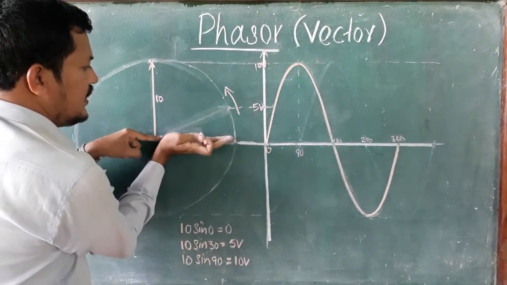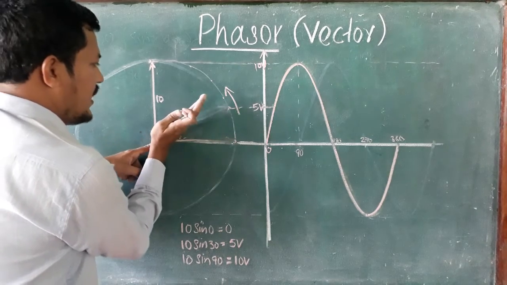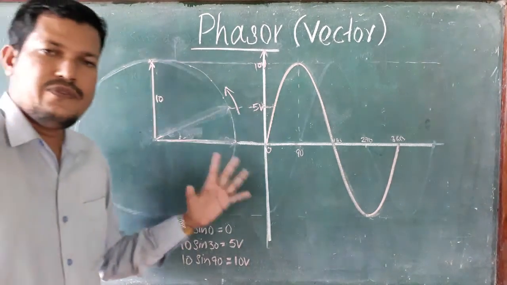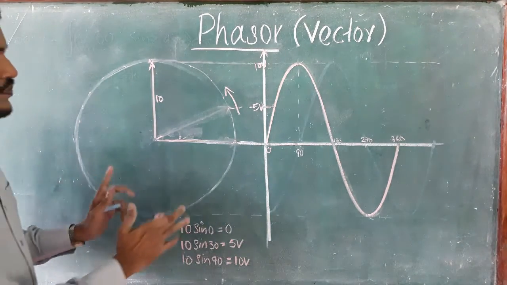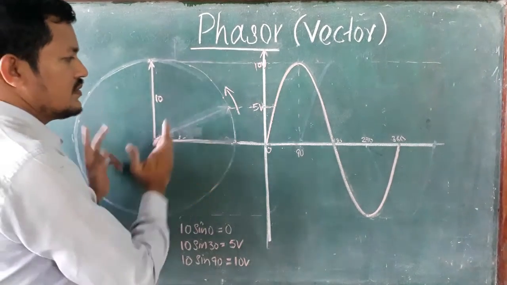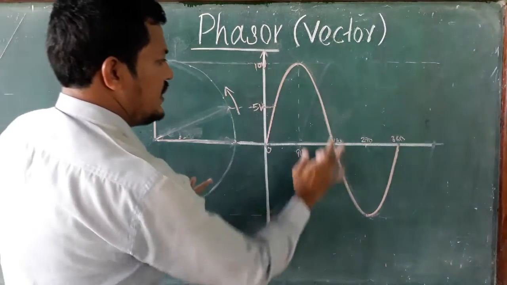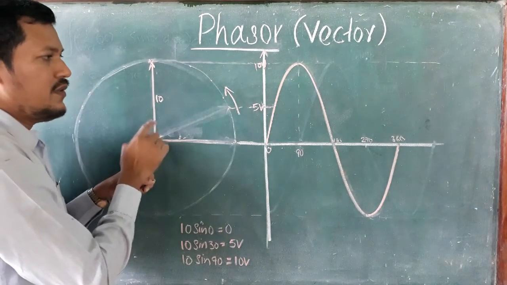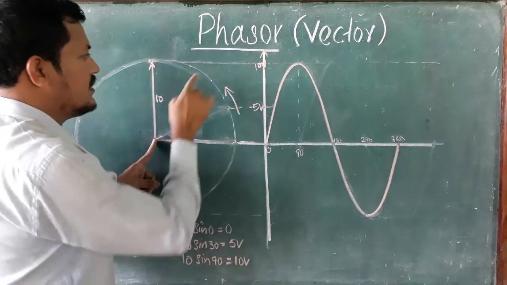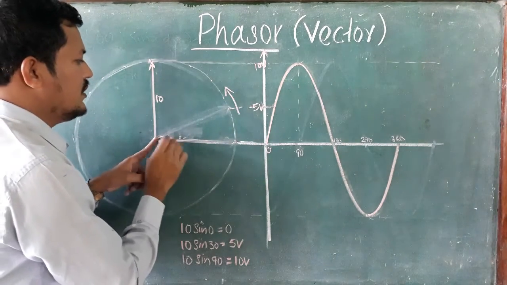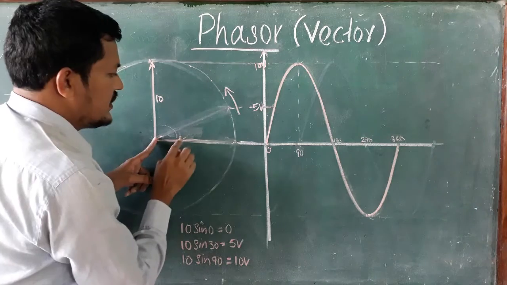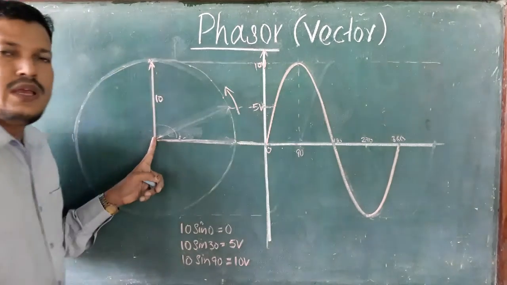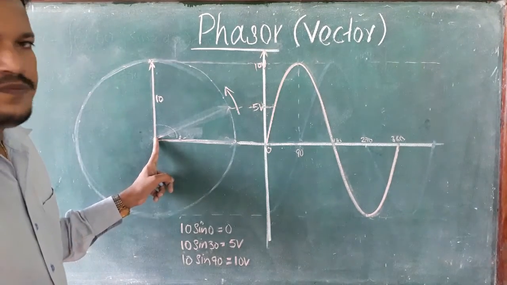Clear? At what position, we can find the value from its sine function. So it is called a sine waveform. Now we have simply converted a sine waveform into a phasor. At any angle we can find the value with respect to the x-axis, moving in the anti-clockwise direction.